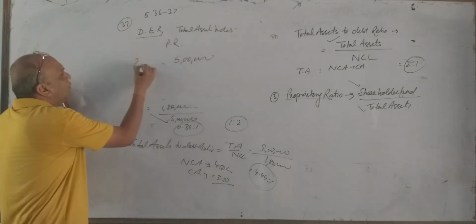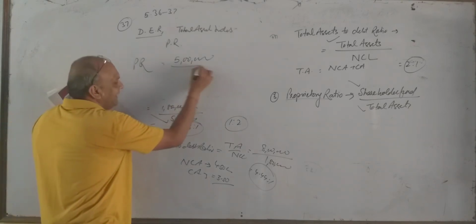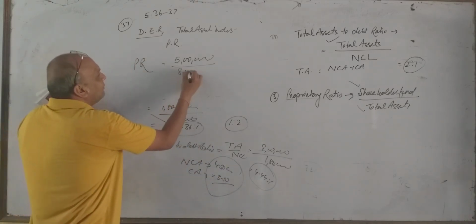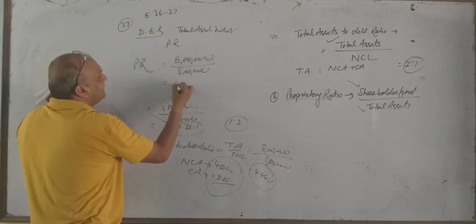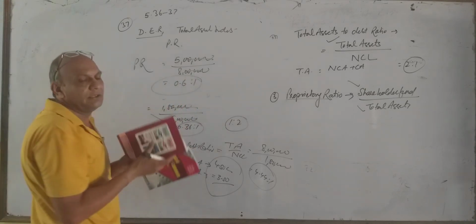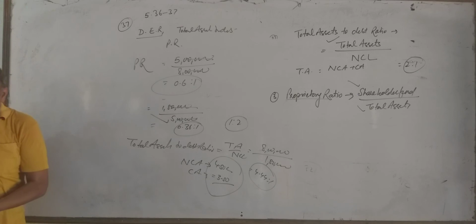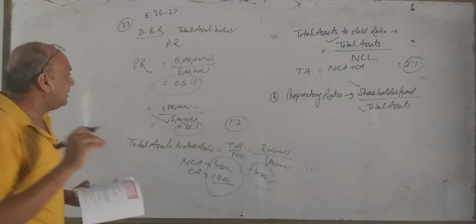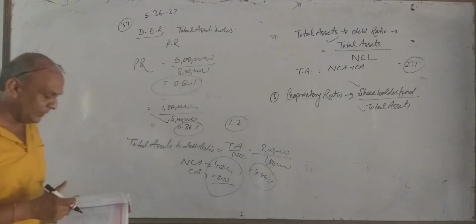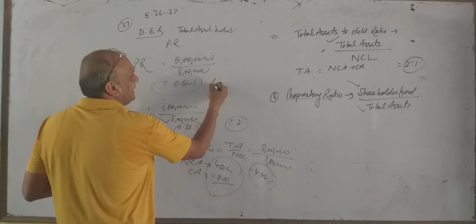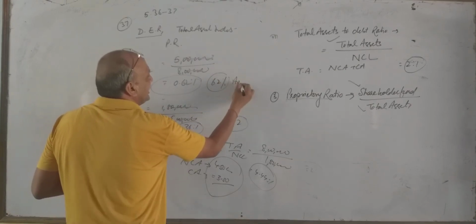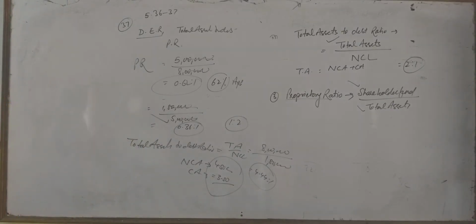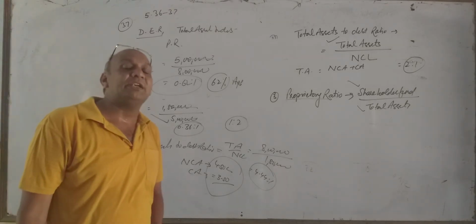I am calculating proprietary ratio: 5 lakh divided by total assets, which I just calculated as 8 lakh. 5 lakh upon 8 lakh comes 0.6 is to 1. Or if you multiply it by 100, it is approx 62%. It means approx 62% of assets are purchased with the help of which money, dear friends?